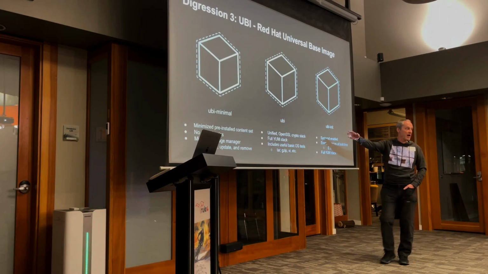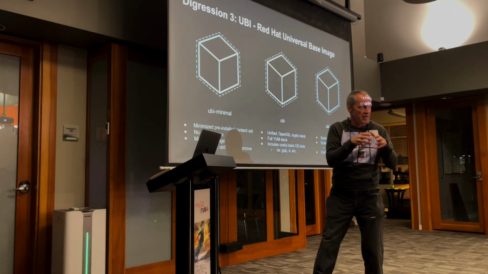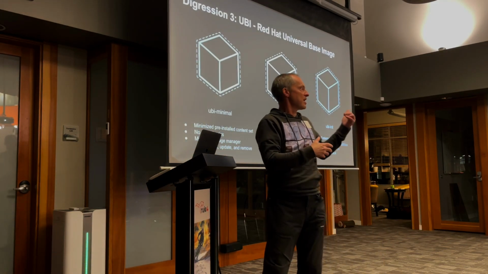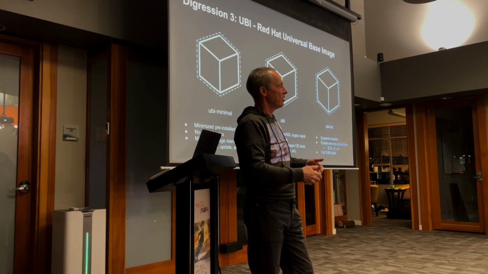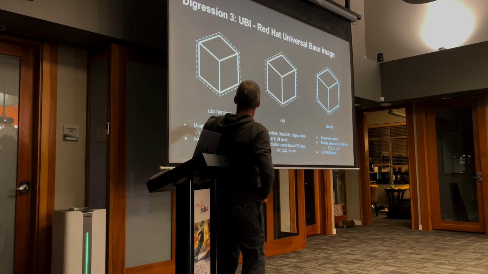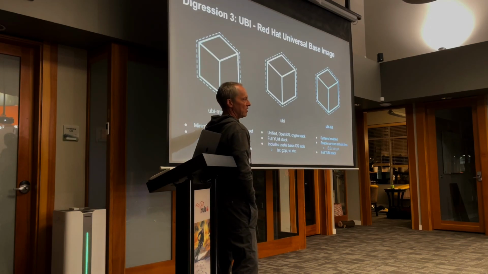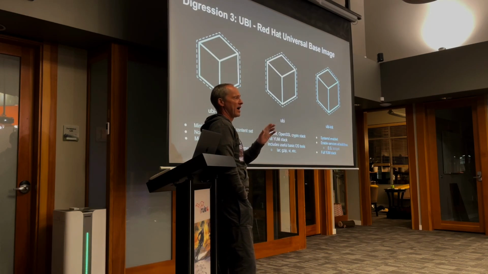I'm using this also partly as a metaphor. So they have a UBI minimal, universal base image minimal, really, really small. They have 7, 8, and 9. So 7 is the old version of RHEL, 8 is the current, we're on 8.5 at the moment, and 9 is the future. Minimal is tiny; maybe you're going to put your little Flask API there.